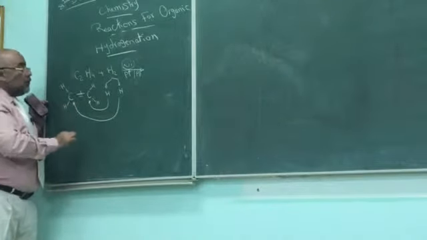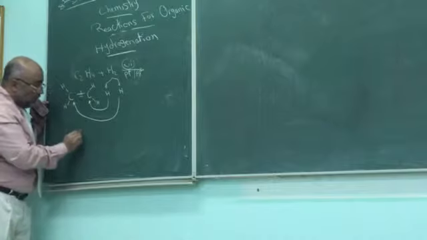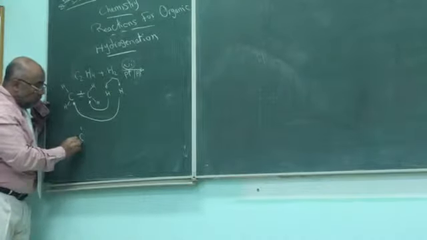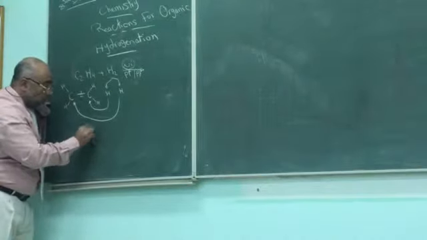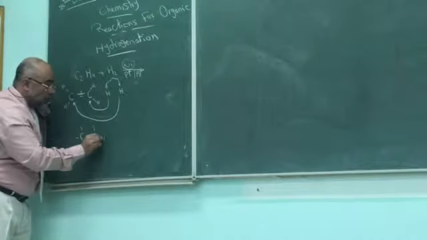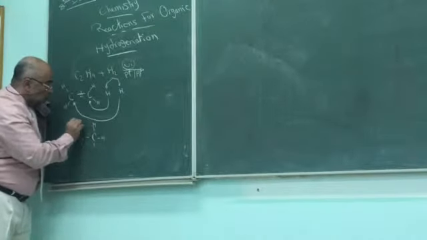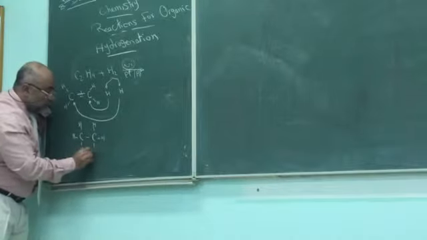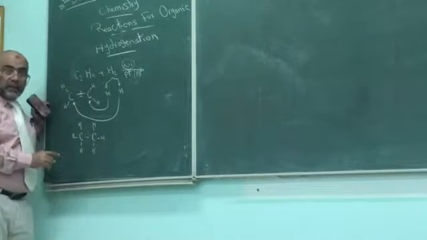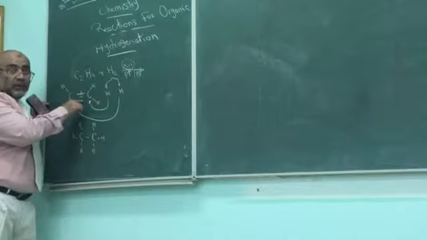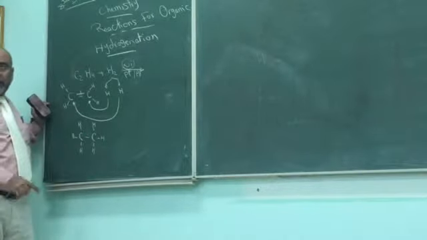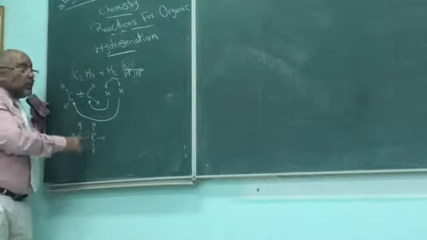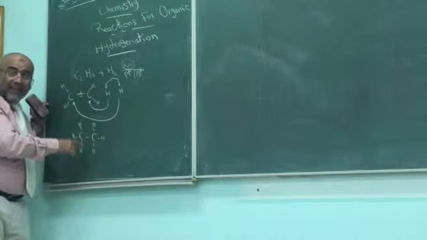In this case, we can convert it to C, another C, H, 2, 3, 4, then add 1 and 2 here. In this case, it converts from unsaturated to saturated. Yes. From unsaturated to saturated, from alkene to alkane.